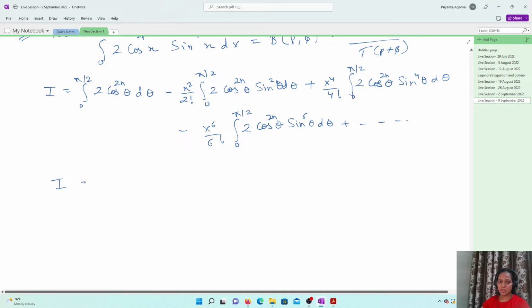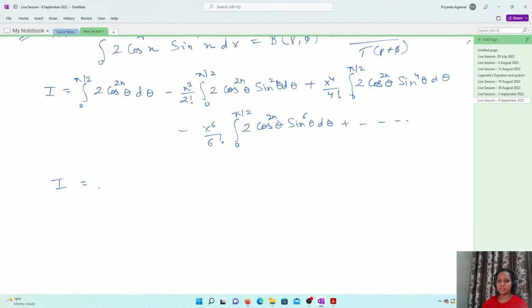Now this can be simplified and written in terms of beta functions. Each integral can be written in terms of beta function.